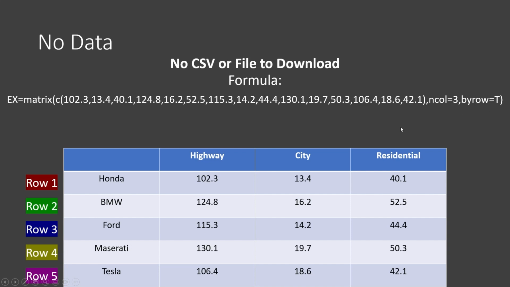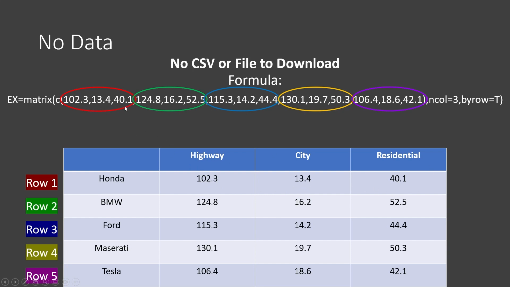To break this down, we can start with the data. If we look at the very beginning, the first three numbers are 102.3, 13.4, and 40.1, right? If you look at the table, that corresponds with the first row from left to right. So 102.3, 13.4, 40.1.